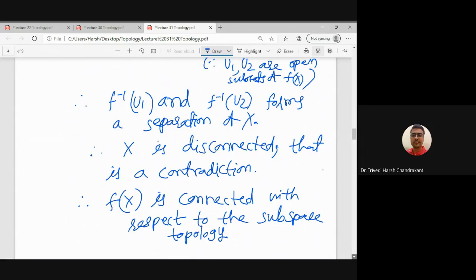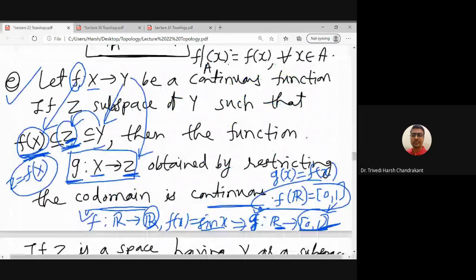Right? So what we proved is, basically, if I have a continuous function, then its range is a connected space. So if I take the sin x function, then its range is the closed interval [-1, 1], and what this result gives is that the closed interval is a connected space with respect to the subspace topology as a subset of R, right?